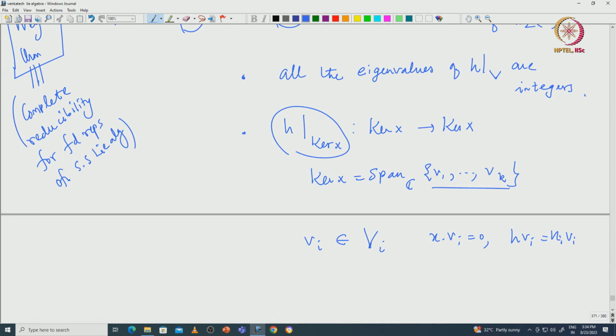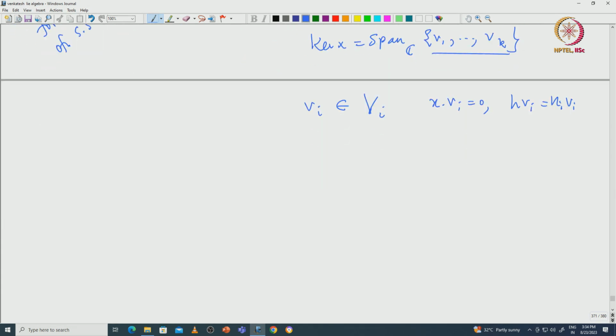So, what is important now? Important is that all the eigenvalues of H acting on V are integers, that is the most important thing.